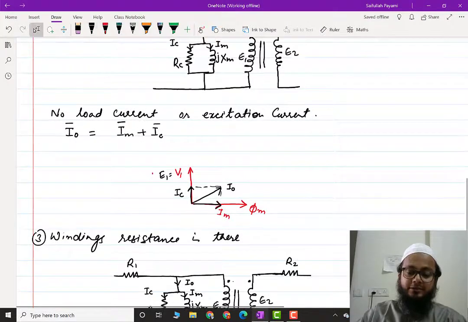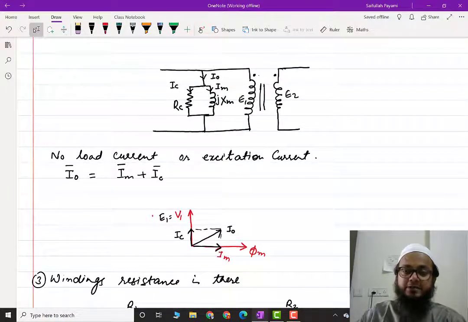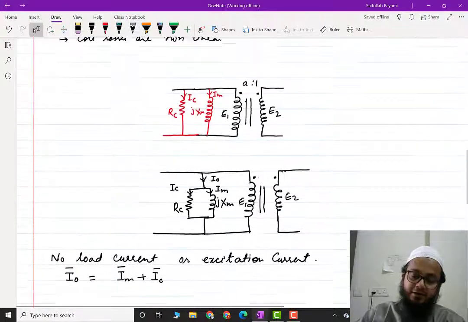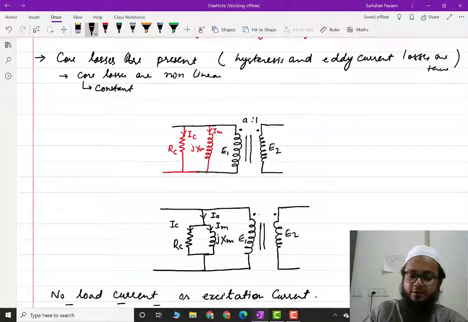But the core losses are not variable. If frequency is constant and voltage is constant, the core loss is generally said to be a constant loss. Even if there is no load, that loss is still there, so that's why we say it is a constant loss or fixed loss.